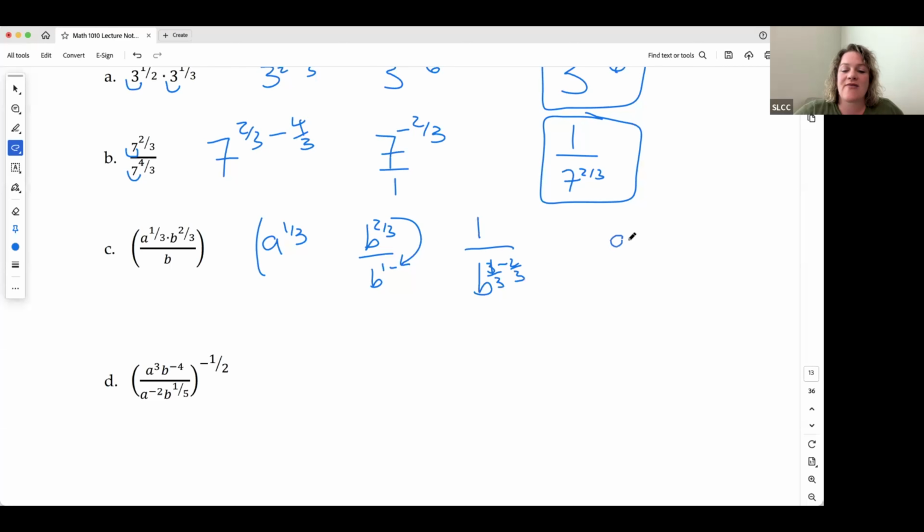In the end, I have a to the 1/3 from this piece here, and then divided by b to the 1/3 from this piece here. What? They're both raised to the 1/3 power? Awesome. Let's pull that out and put in some parentheses: a over b, to the 1/3 power. And then you're done. Let's look at D.